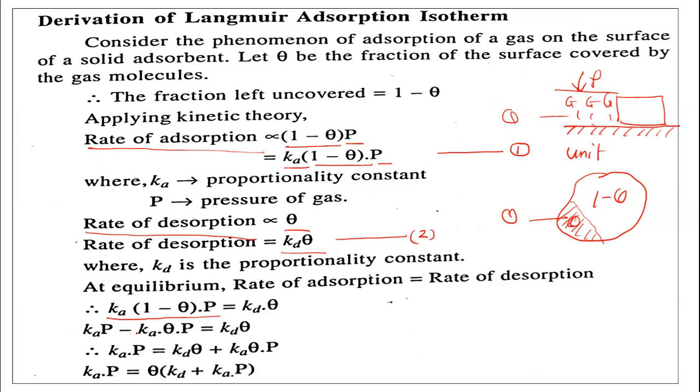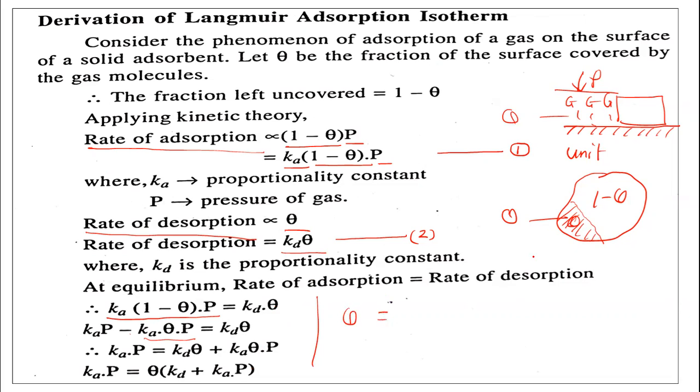Taking this term to the other side, it becomes positive. So Ka into P is equal to Kd into theta plus Ka into theta into P. Now theta is common, so theta into Kd plus Ka into P. According to this, we can find theta.